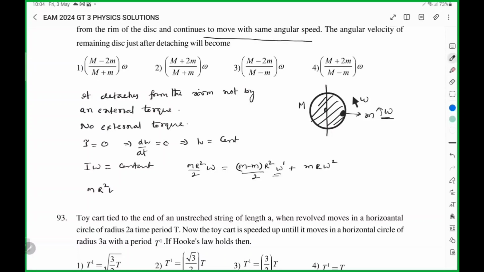Then he is asking the new angular velocity. M R square omega is (M minus m) R square omega dash plus 2 m R square omega.